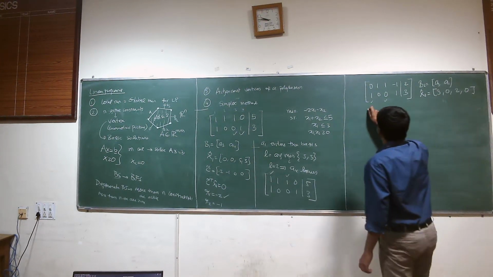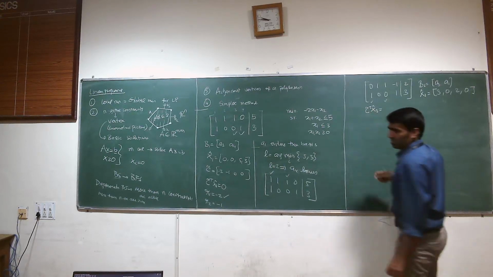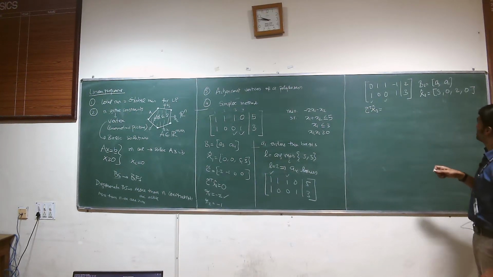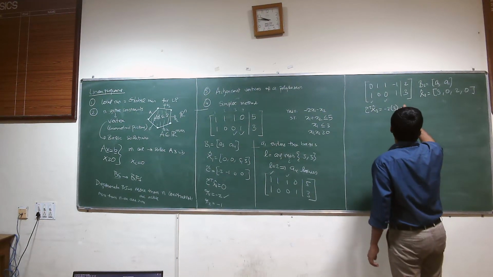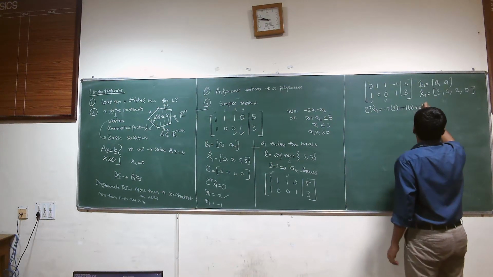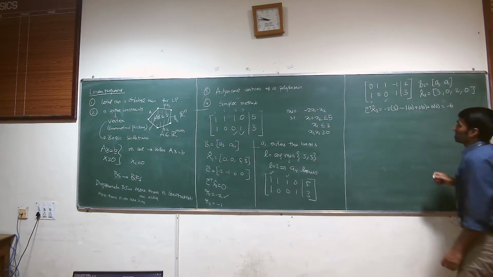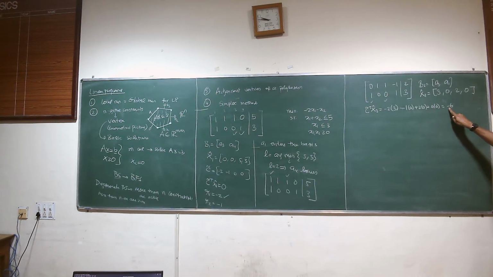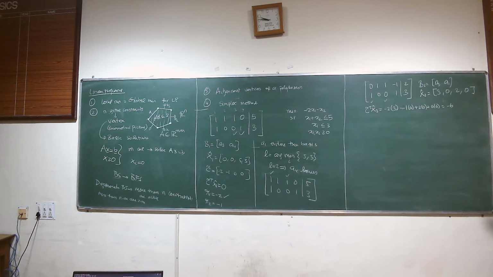What is C tilde transpose? Sorry, minus 2, 3. So there is a decrease. So this is all right.